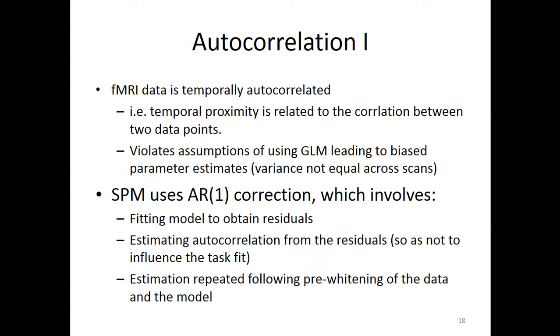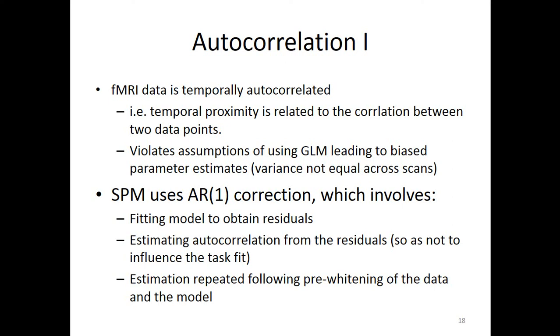So basically, one assumption of model fitting is that the error is independent from one point in time to the next. But actually, we're sampling the same brain over time. They're doing some experiment. There's actually a lot of correlated information within the errors. So if the data fits really well at one point, it's likely to fit well in the other points, so the residual will be low.